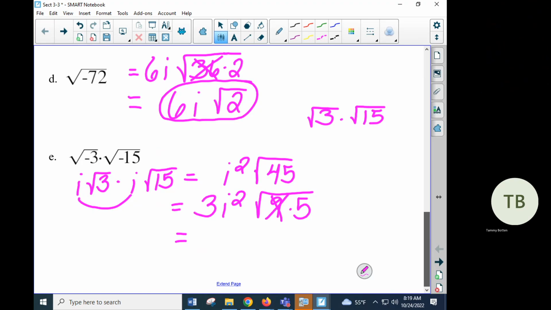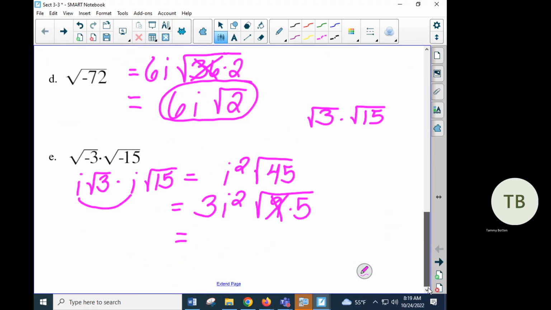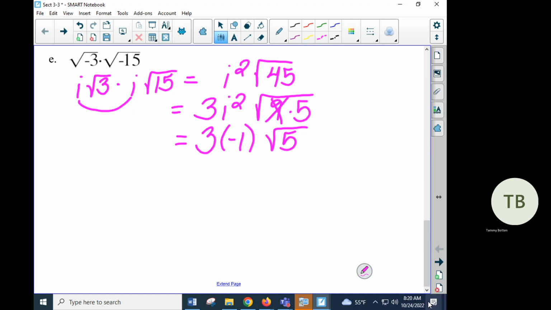Now, whenever you have an i squared, we talked about this a little bit up here, i squared is equal to a negative 1. So this would be 3 times a negative 1 times the square root of 5. 3 times -1 is -3 times root 5, and that would be my answer.